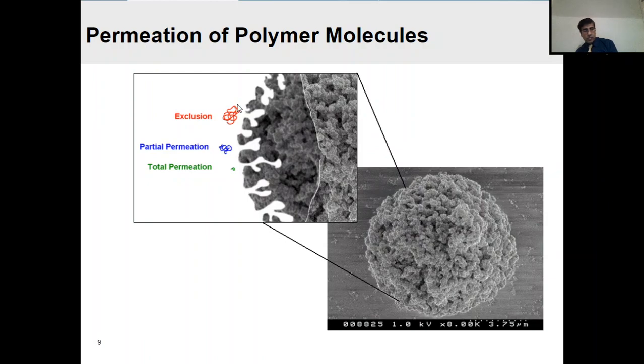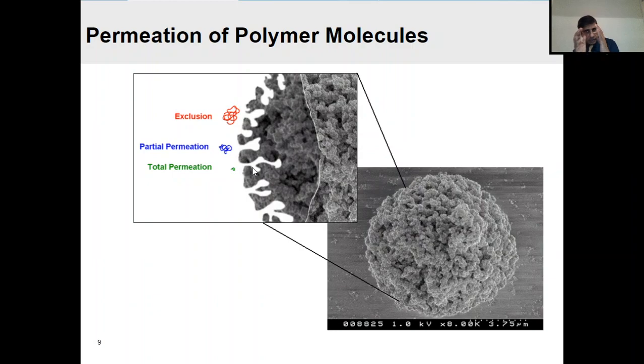What happens when you put the polymer in the column and it passes through? Because of the larger size, the red chain cannot go inside the pores, so it is excluded, and it can bypass these pores and go directly out. On the other hand, chains which are medium in size can partially permeate, so they partially get in and come out, but the smaller one completely penetrates, and that delays its exit from the column.